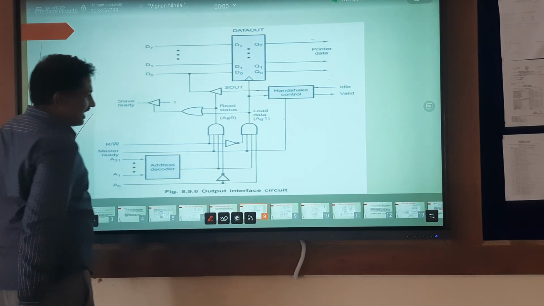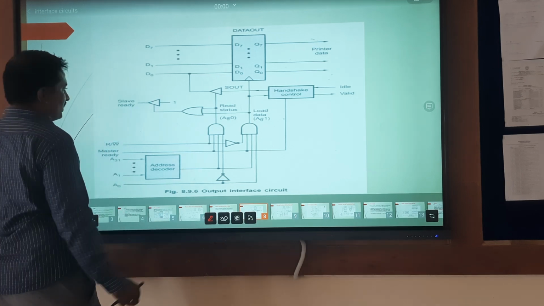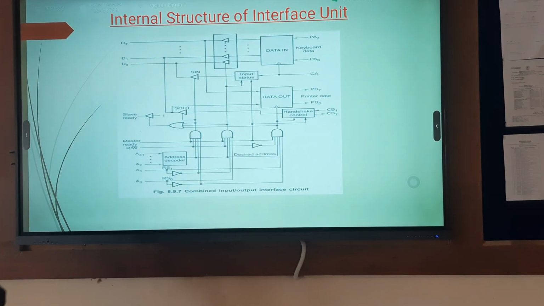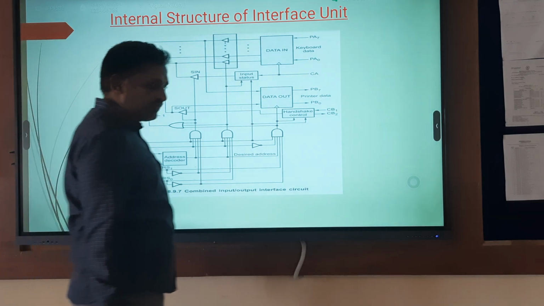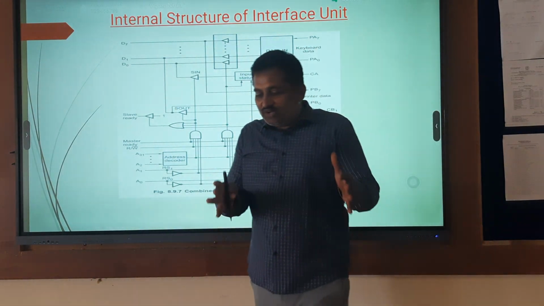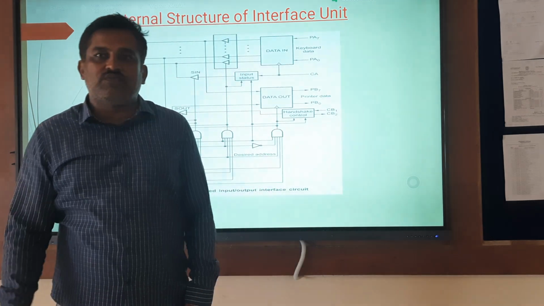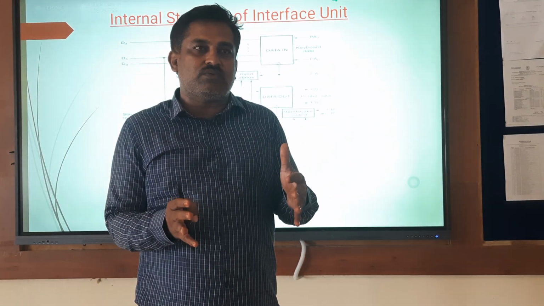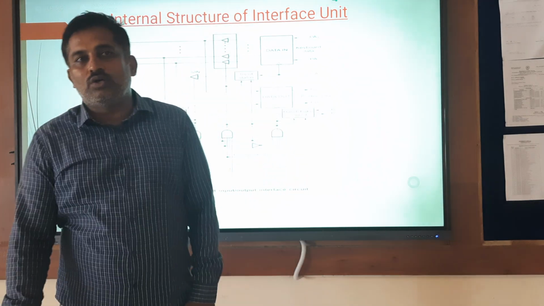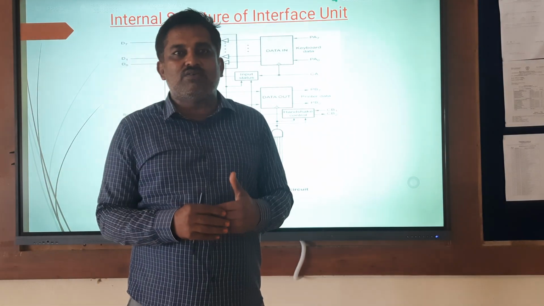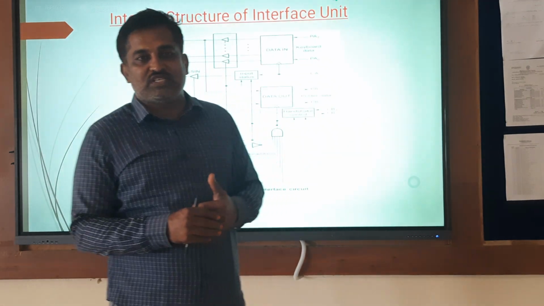Okay. Next, coming to the next one, the internal structure of the interface circuit. Till now we have seen two different types of interface circuits. For the case of input operation, we have seen the input interface circuit, and for the second case we have seen the output interface circuit.